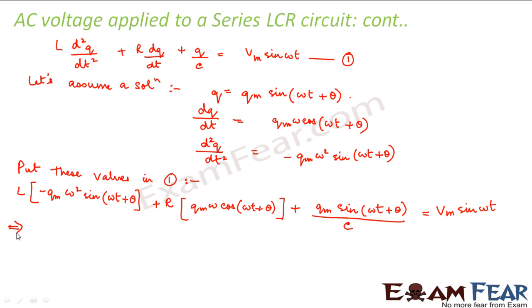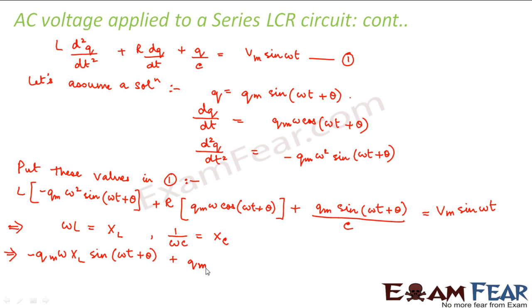Now we know that omega L is equal to XL, that is inductive reactance, and 1 by omega C is equal to XC, that is capacitive reactance. Looking at this expression, the first term has minus Qm omega square L. So instead of omega L, I can put XL. Therefore, this becomes minus Qm into omega XL sine omega t plus theta.